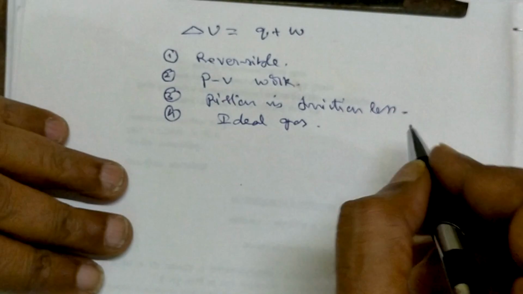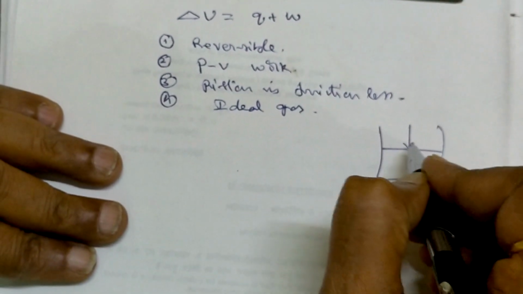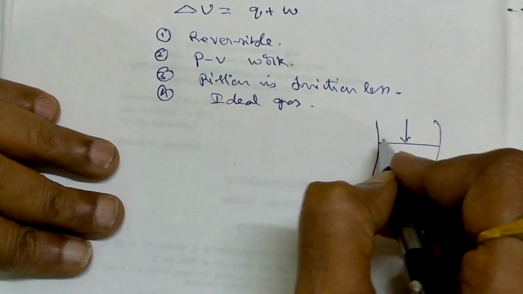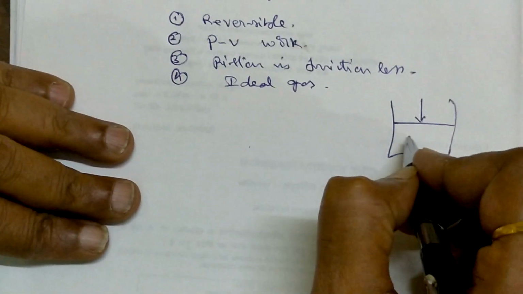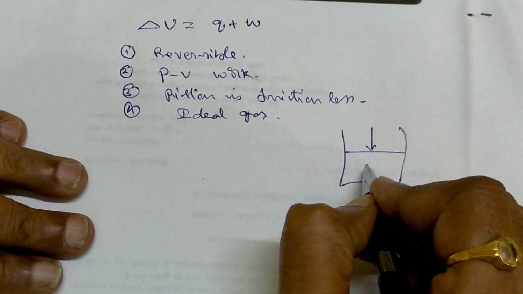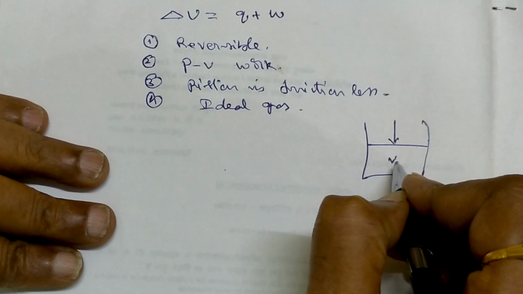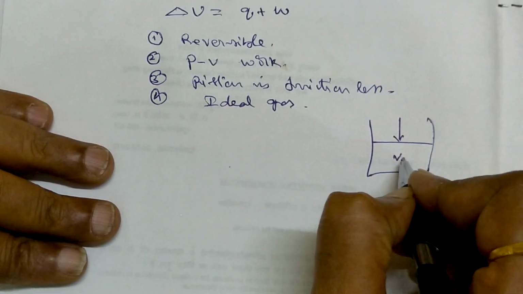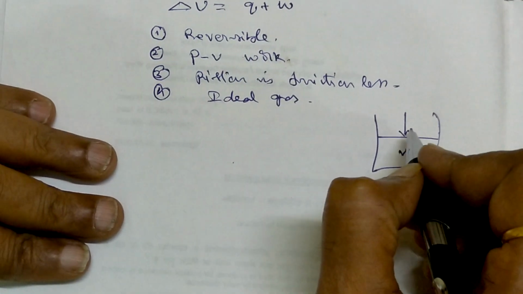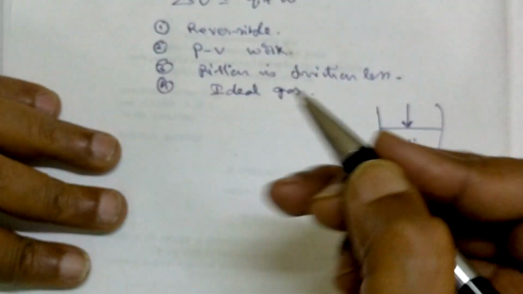Now take a cylinder, connect it with a piston, and the piston is free, means it is frictionless. Have an ideal gas whose initial volume is V. Sometimes people say Vi or Vf, V1. So I am also taking Vi, and external pressure, you can take as a compression or expansion.